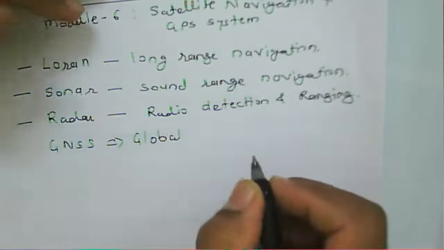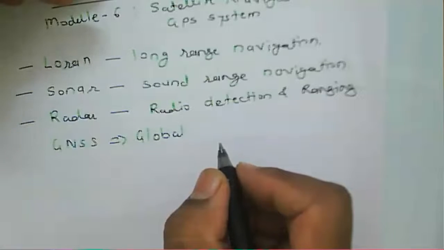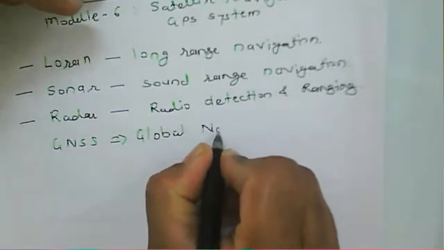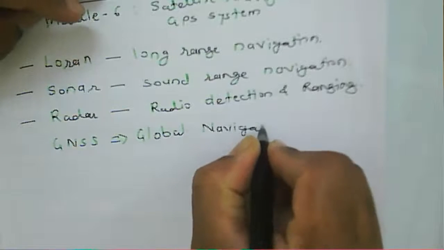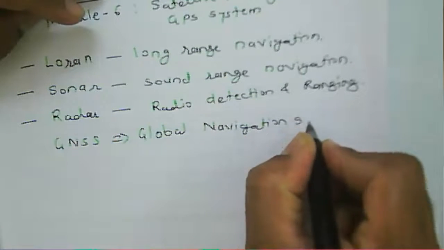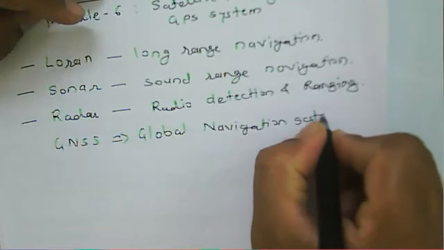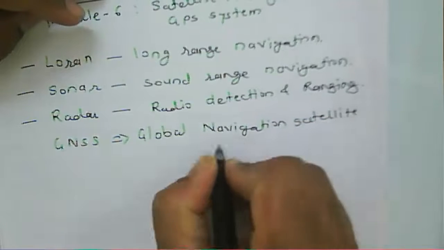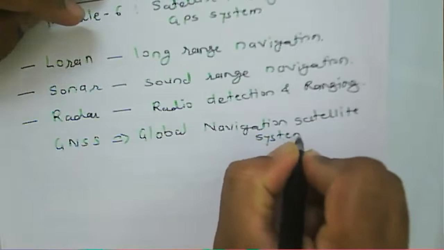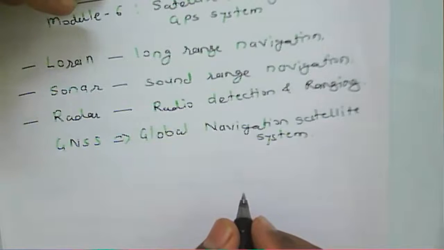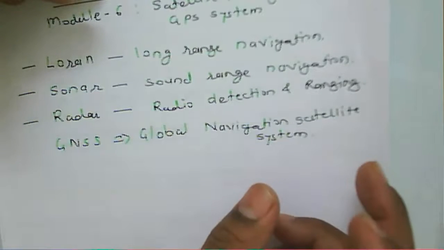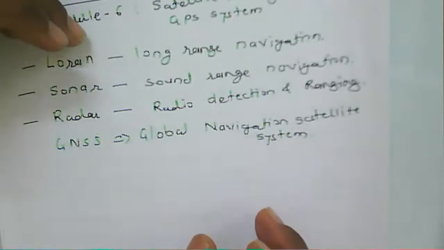So you can say that we have GNSS, global navigation satellite system. Okay, that is about GNSS, and that will be used to obtain the position.